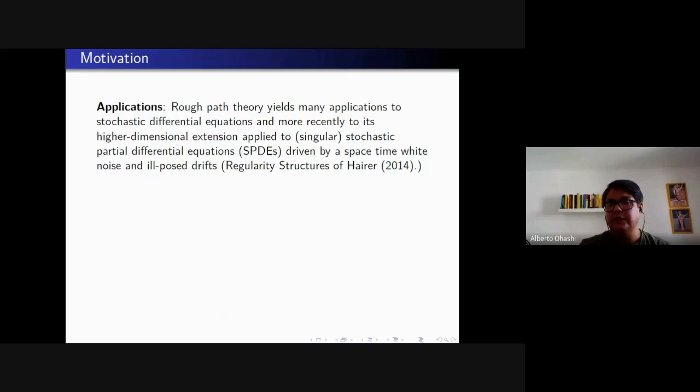I just want to say that there is a higher dimensional extension of rough paths, due to Martin Hairer, and very fashionable today: regularity structures applied to singular SPDEs.